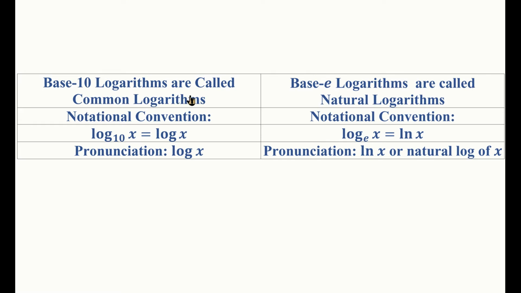Base 10 logarithms are called common logarithms because they are utilized quite often in the natural sciences. And the notational convention is that since they're used so often, we just drop the 10. When you see log x and you don't see a base, you can automatically assume that the base is 10.